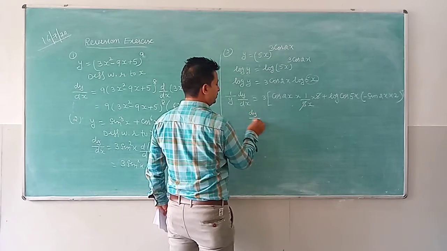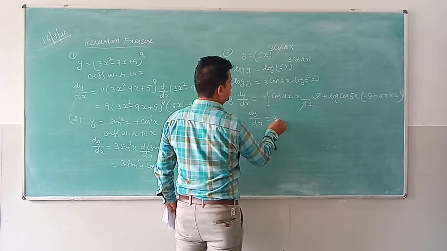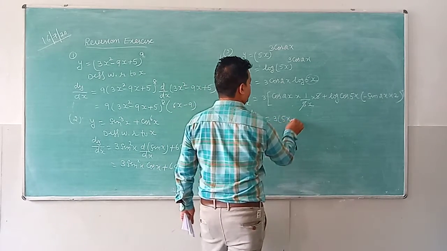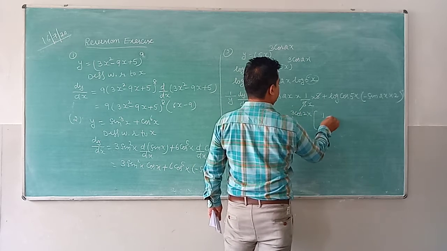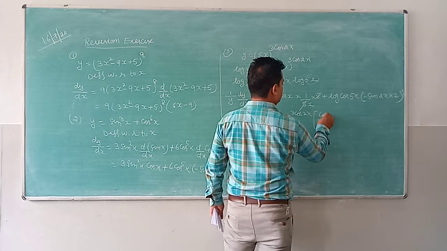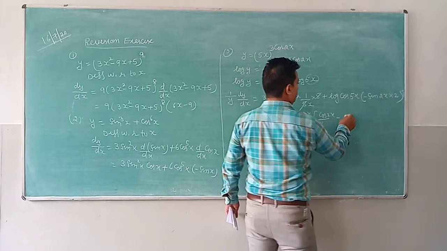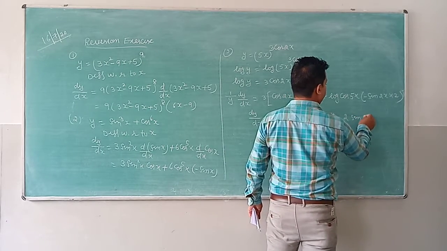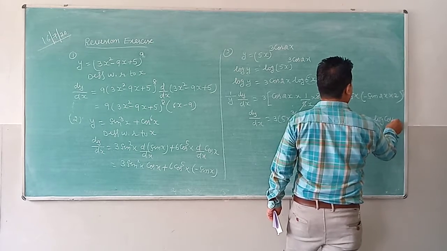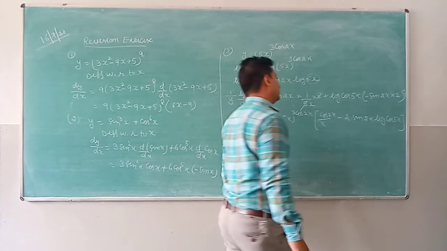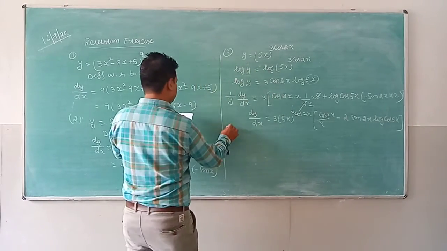So dy/dx equals 3 times the value of y, which is (5x)^(3 cos 2x), times [1/x cos 2x − 2 sin 2x log 5x]. This is the derivative of this question.